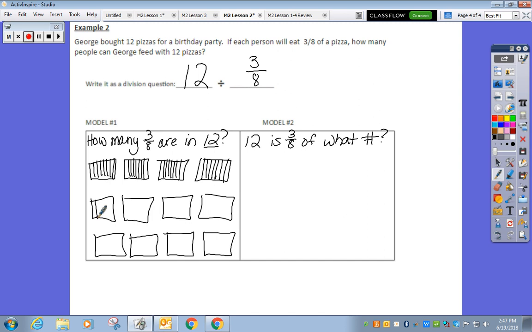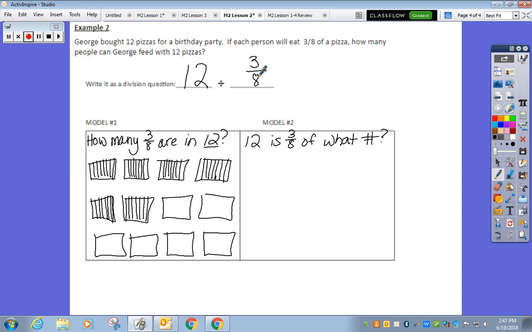I don't know about you, but I'm already a little tired of drawing all these lines. So this is actually the one that's not the best to use for all problems, because when our numbers start to get bigger, we have a larger whole number, we have a larger denominator, it gets a little tedious.